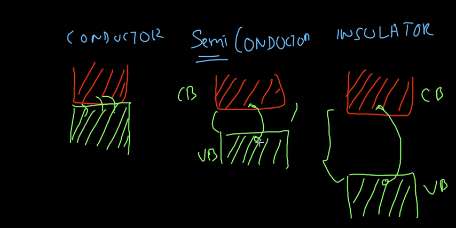Whenever they move, they create a hole. This is called a hole, that's a positive ion, and this is a negative ion. The presence of a positive ion and a negative ion will contribute towards electricity. This is basic physics, I'm not going further. This is how your semiconductor works, you already know that.